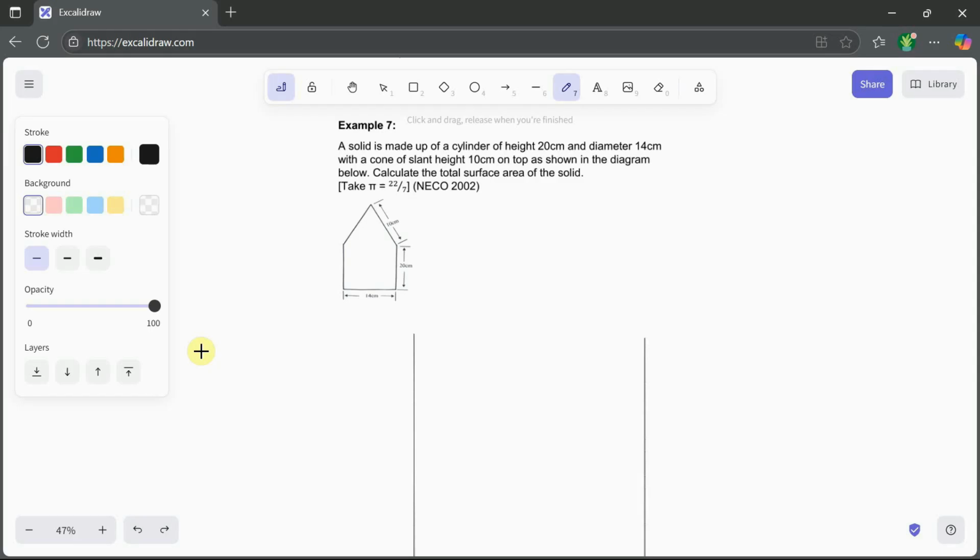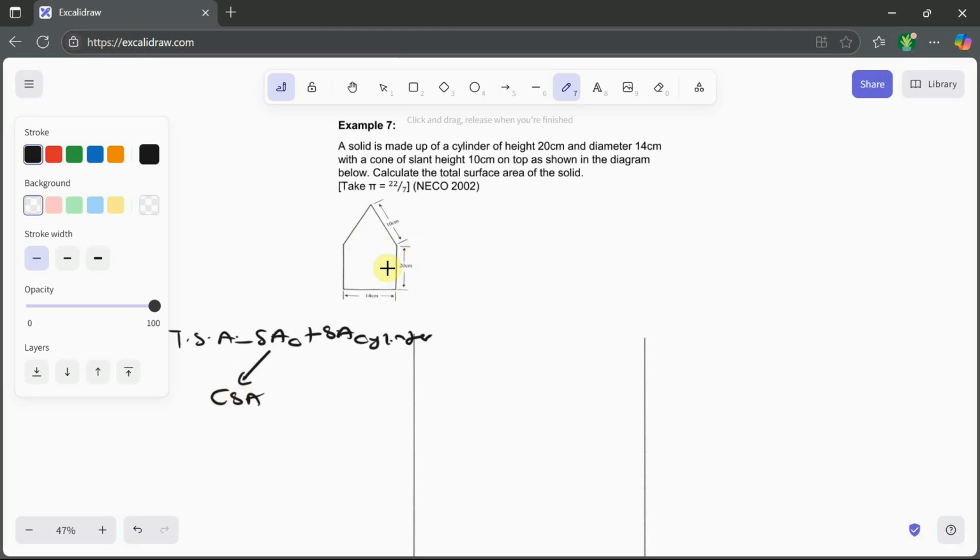Let's solve it together. To find the total surface area, we have to find the surface area of the cone plus the surface area of the cylinder. For the cone, the base circle would not show because it is directly on top of the cylinder. So we'll be looking at the curved surface area of the cone, because the bottom will not be showing.